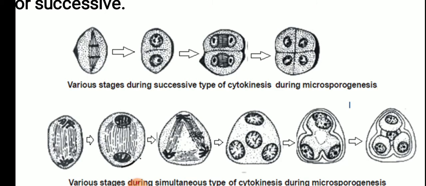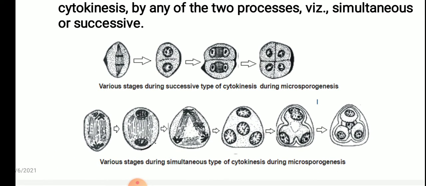In the successive type, after two nuclei have been formed, the cytoplasm also divides immediately after the first karyokinesis, and then the second karyokinesis takes place, and then the second cytokinesis, that is, the cell wall is laid down.